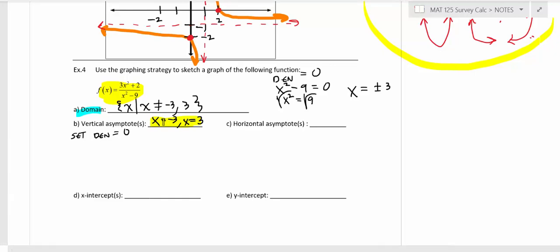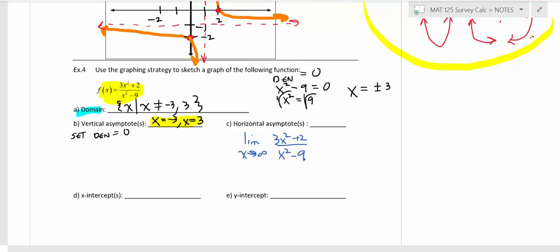Now if you want to do a horizontal asymptote, there's 2 ways to do this. You could either do this in your head, if you remember this, or you could do the limit as x goes to infinity. It's your call. We did L'Hopital's rule in class last week, which you could do if you wanted to. You don't have to. Do you guys remember by looking at that what the horizontal asymptote is? 3.